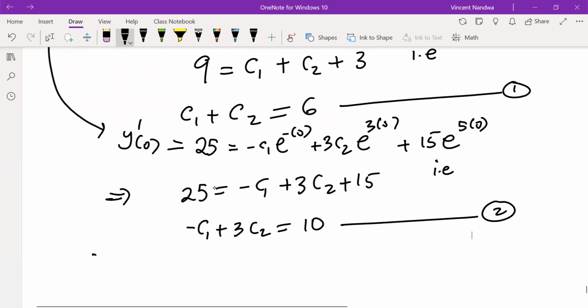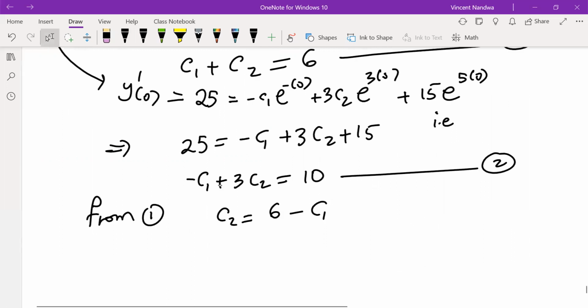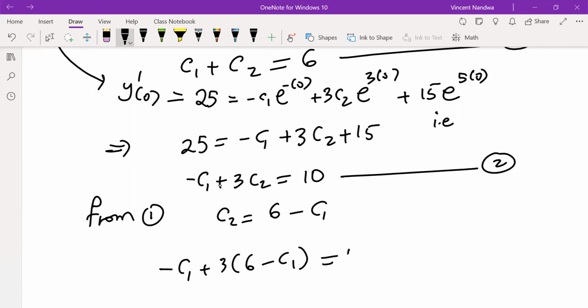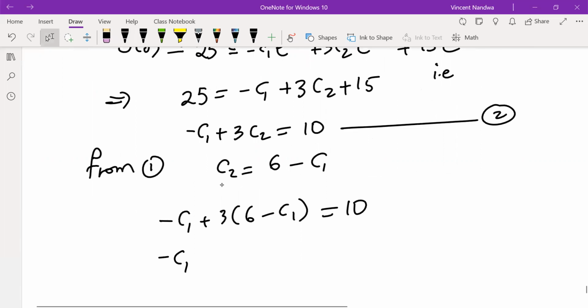Now from 1, c2 is given by 6 minus c1. So substituting into 2, we'll have negative c1 plus 3 into (6 minus c1) equals 10. So minus c1 plus 18 minus 3c1 equals 10.